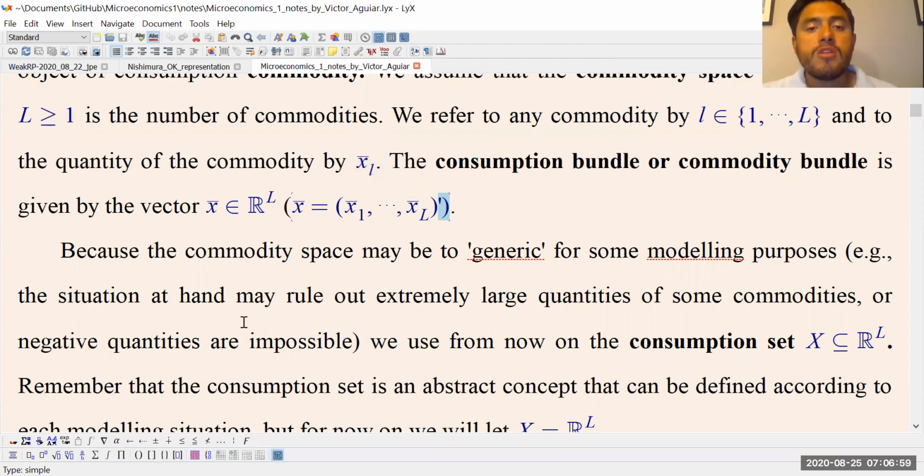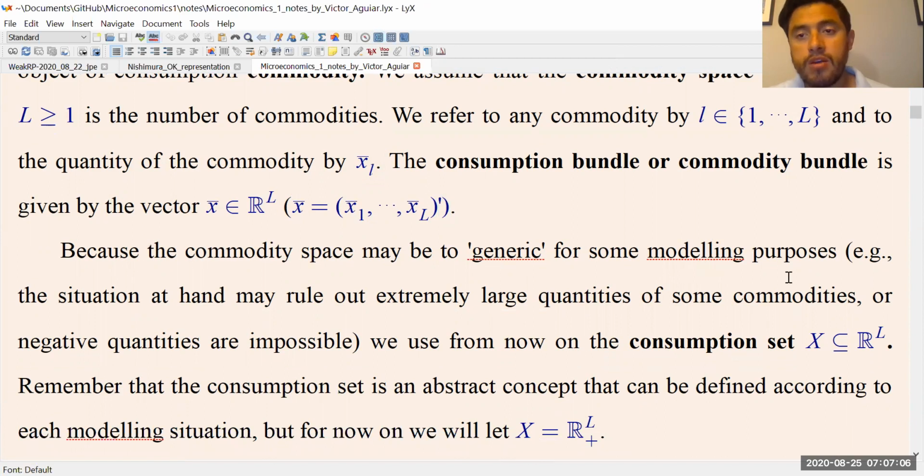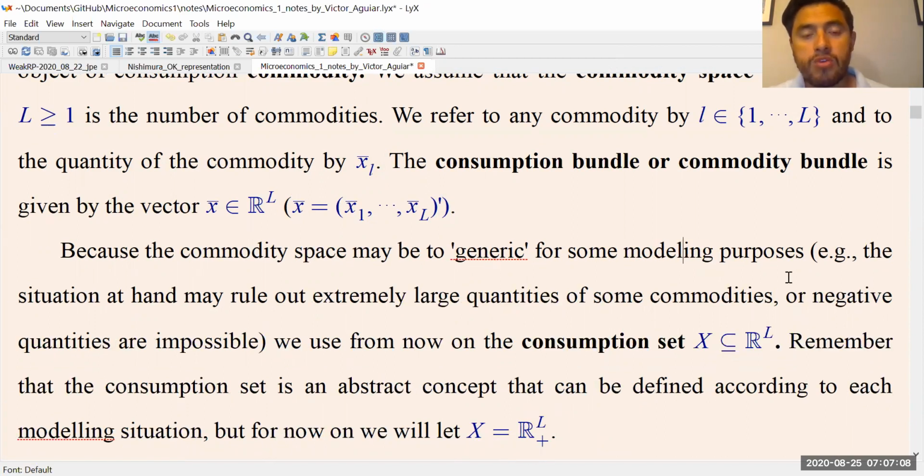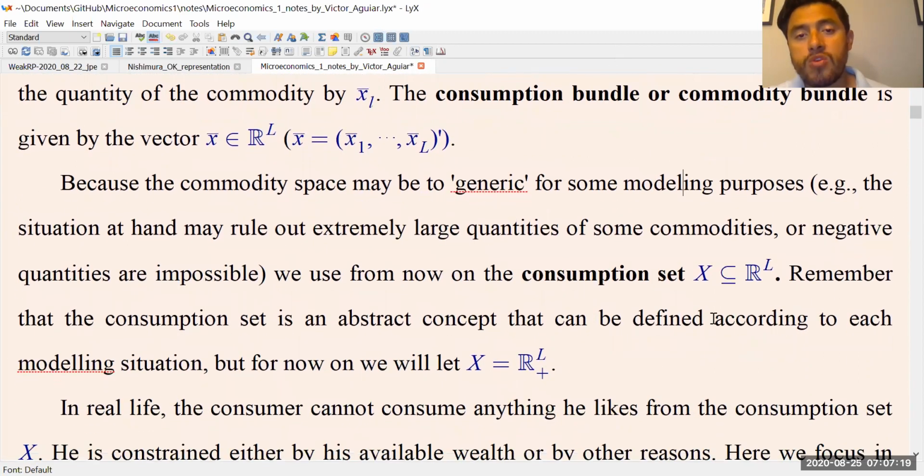Because the commodity space may be too generic right now for some modeling purposes, for instance, we may have to rule out extremely large quantities of commodities, which are pretty much impossible to get, or you may not allow negative quantities, then we can actually restrict the commodity space to some subset of R^L, okay?